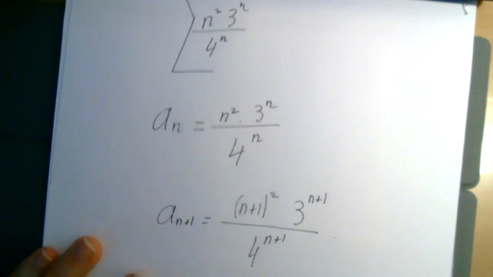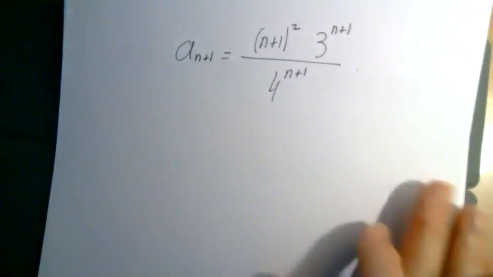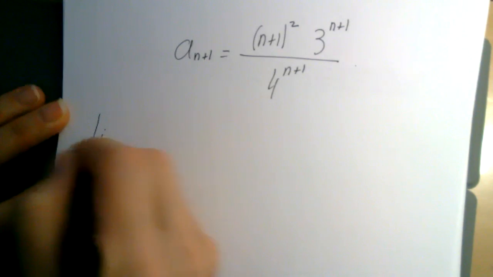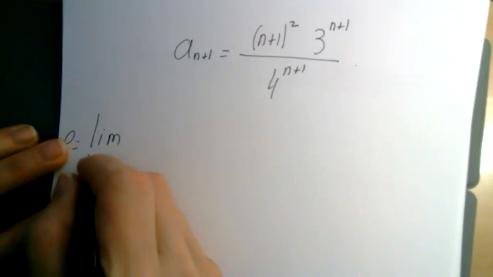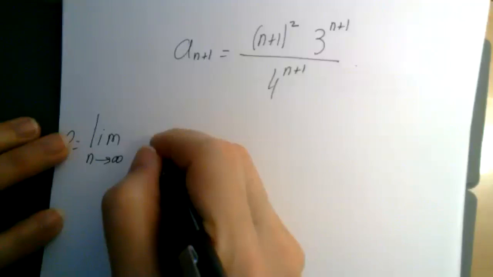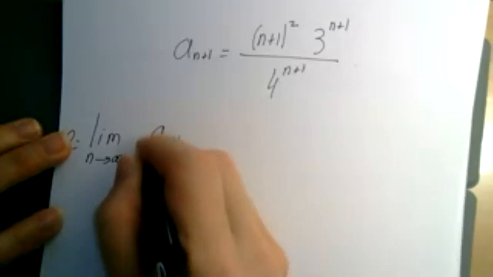Now, the ratio test requires that I take the ratio between those terms. So I'm going to look at the following. The limit, that's rho, my ratio, as n tends to infinity of a_{n+1} over a_n.